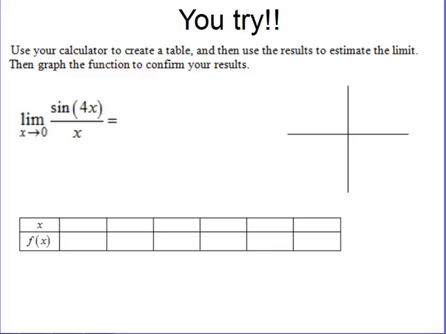You said what? Positive or negative? So she said negative 0.1. Okay, so then what did that give you? Okay, and then what else did you choose? Negative 0.01, and then what did that give you?